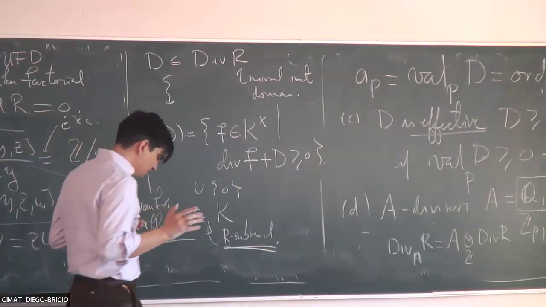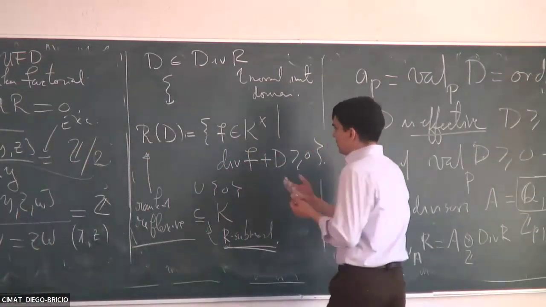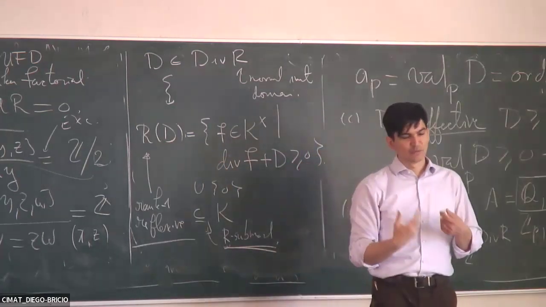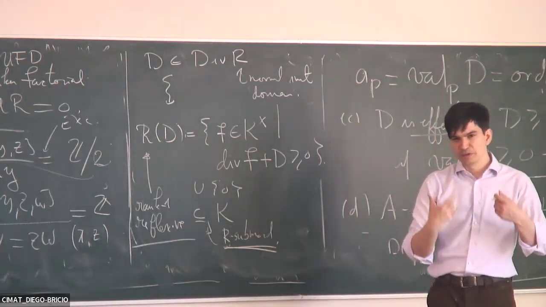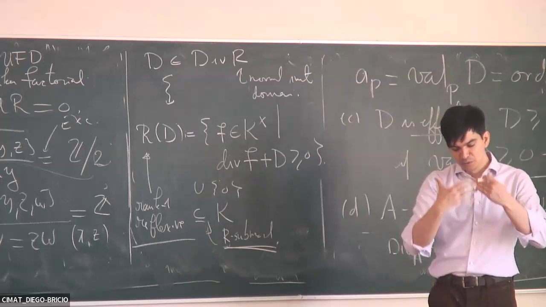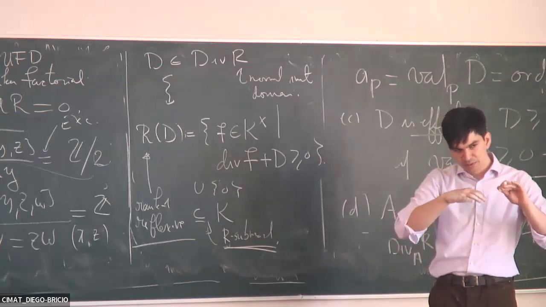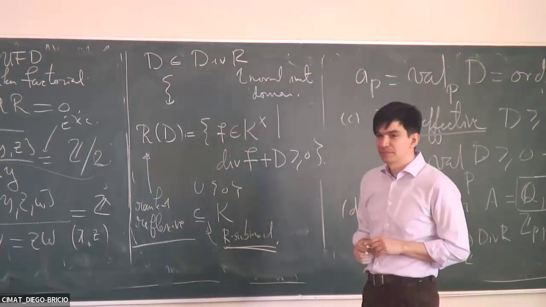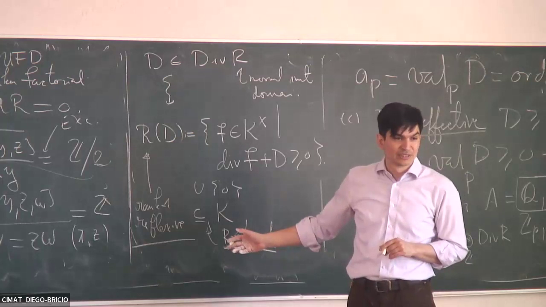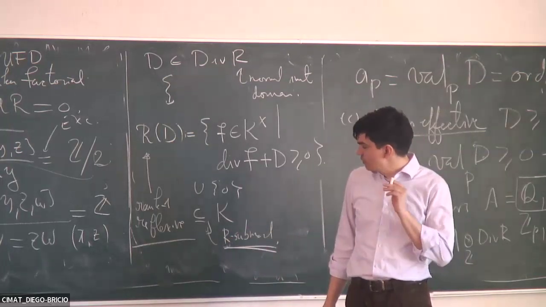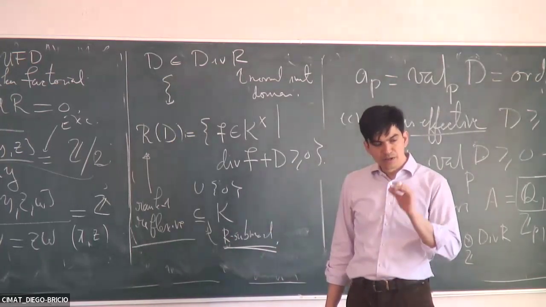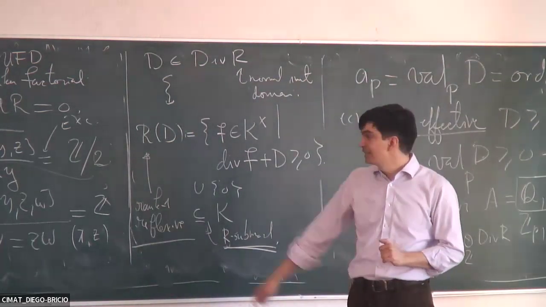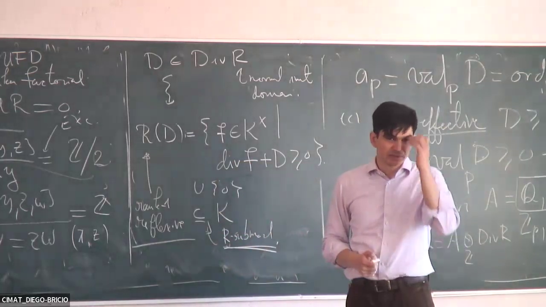And that should be intuitive because this object here is recording the information of a divisor, and the information a divisor records is dimension 1 information. What we're going to see next time is the converse. Any reflexive rank 1 module over a normal ring is isomorphic to R(D).